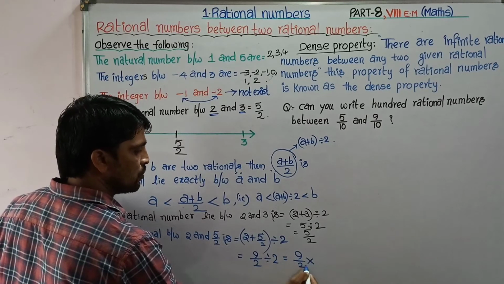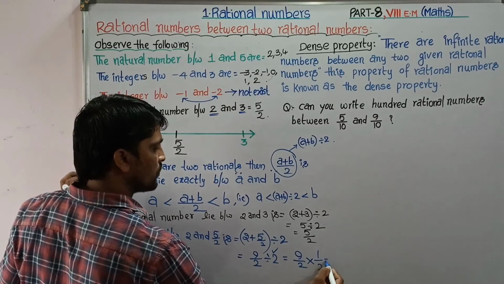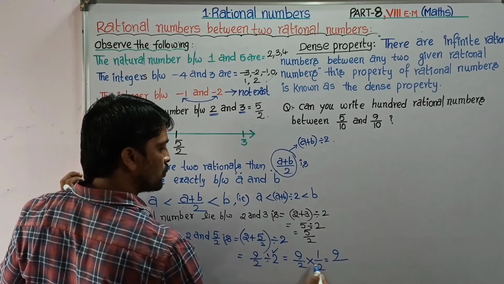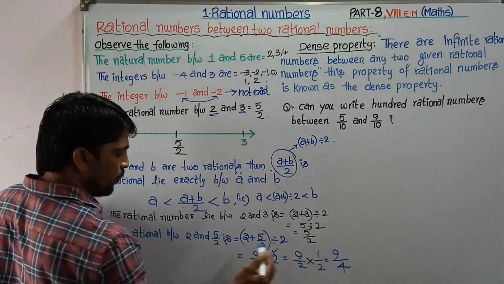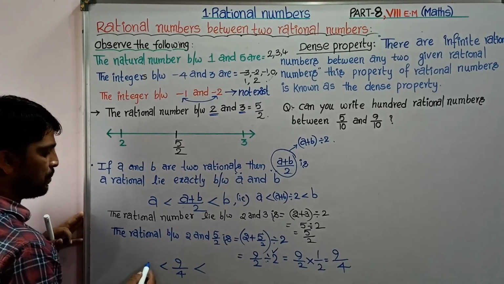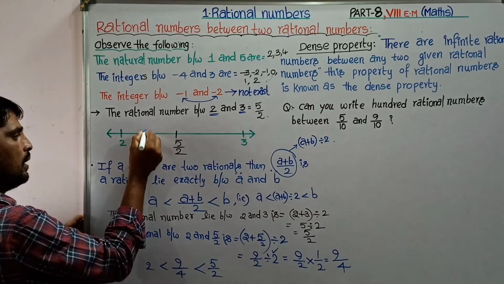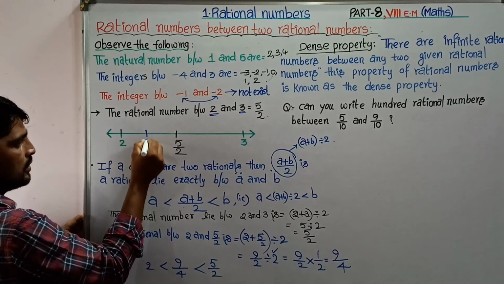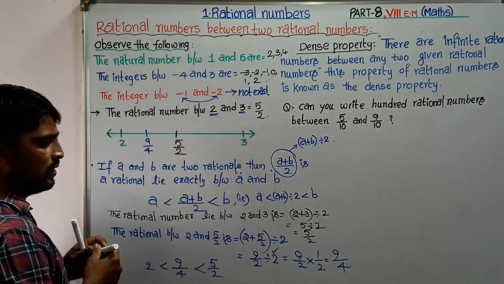The division symbol changes into multiplication by the reciprocal of 2, that is 1 by 2. 9 ones are 9, 2 twos are 4. So the number 9 by 4 lies exactly between 2 and 5 by 2.